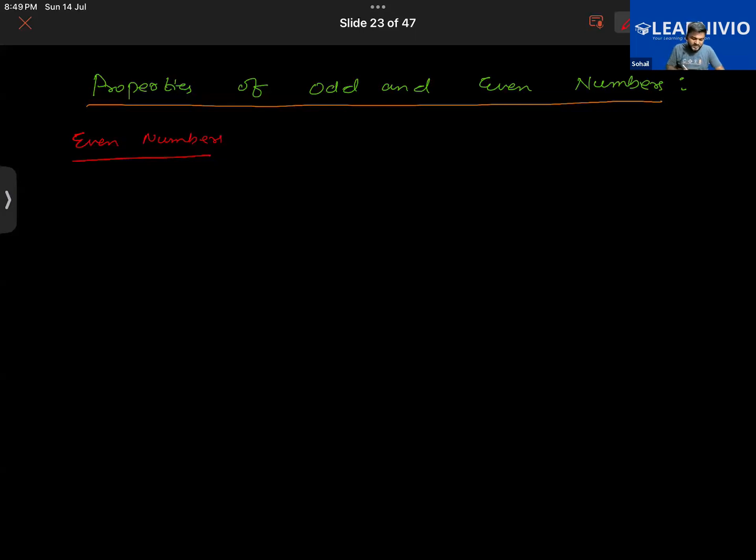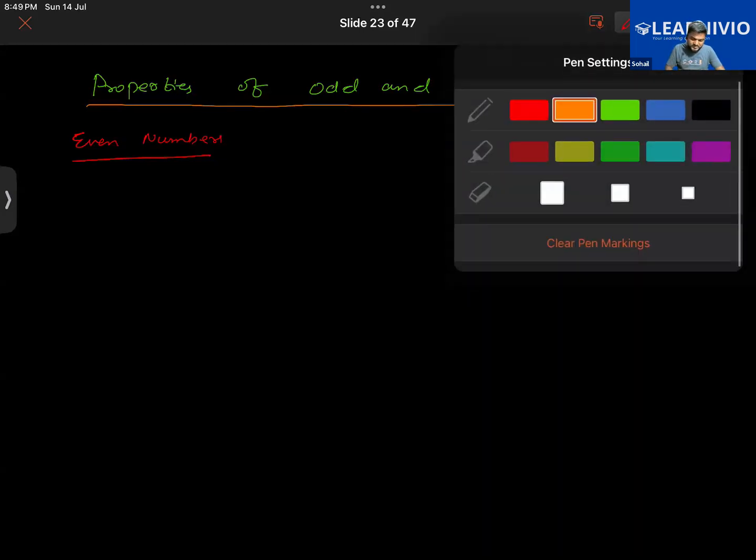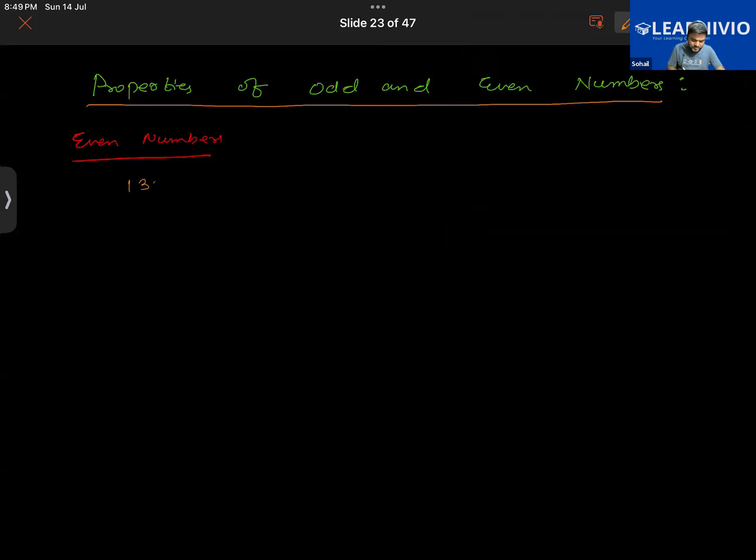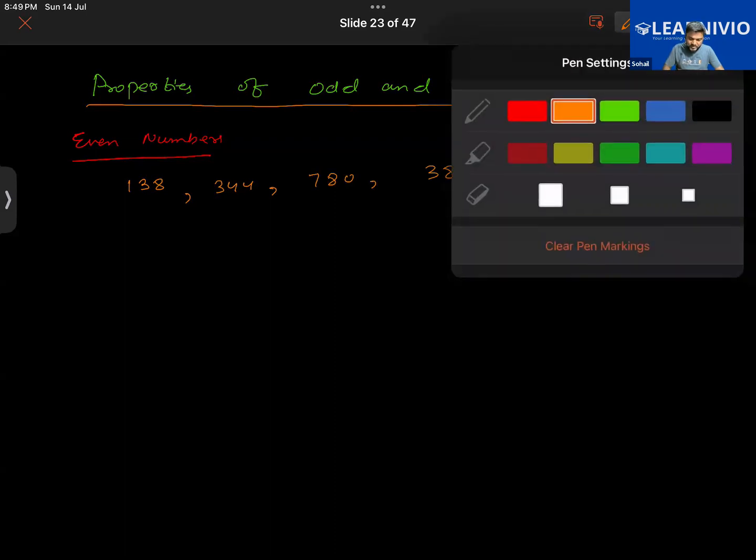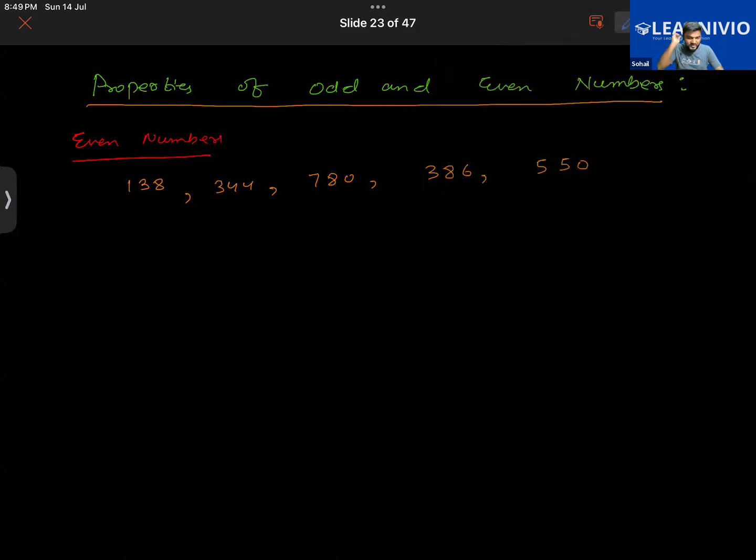For example, take numbers like 138, 344, 780, 386, 550. All these numbers are examples of even numbers, because they are completely divisible by 2.